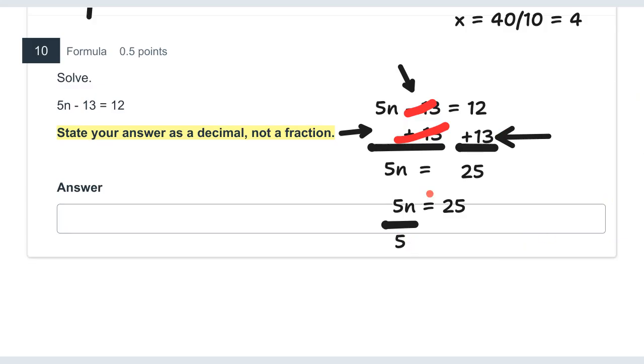That'll make those 5's cancel. Divide the right side by 5. And I'm going to be left with n is equal to 25 divided by 5, which is 5.